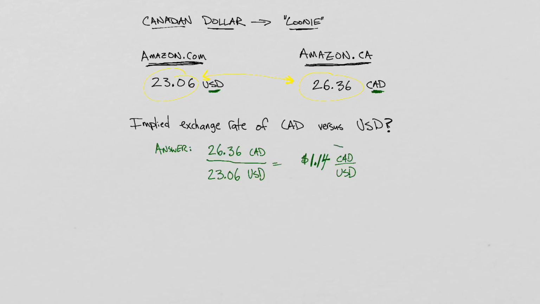And if the exchange rate in the spot market is not this number, then it may just reflect the fact that maybe there's more demand for that textbook in this country or something like that.